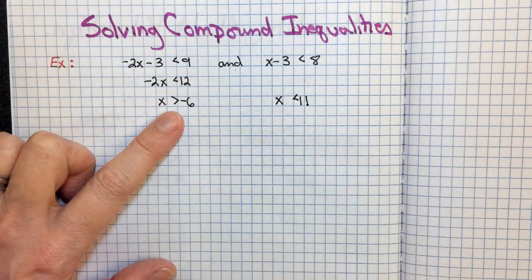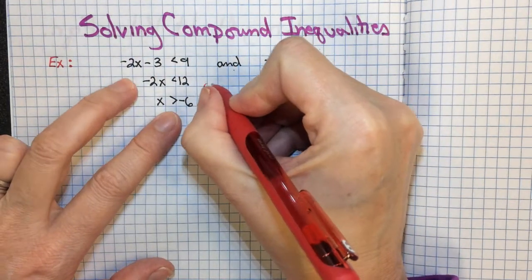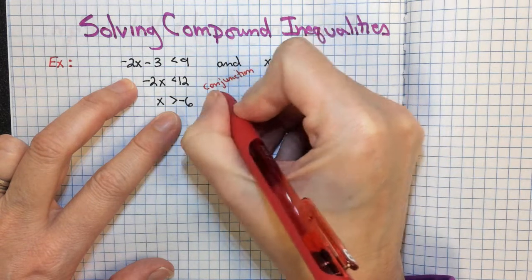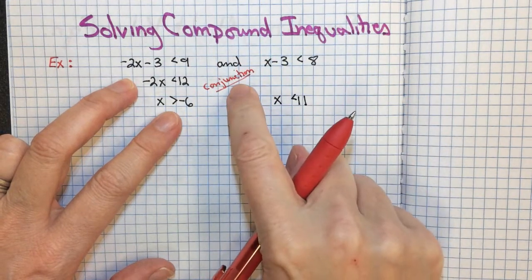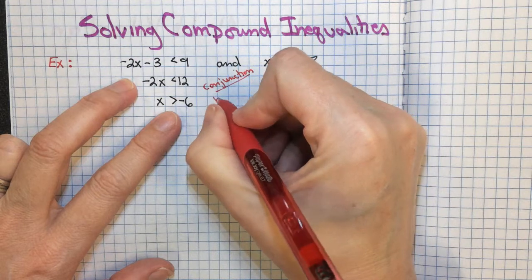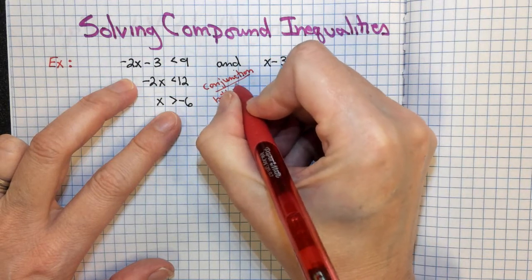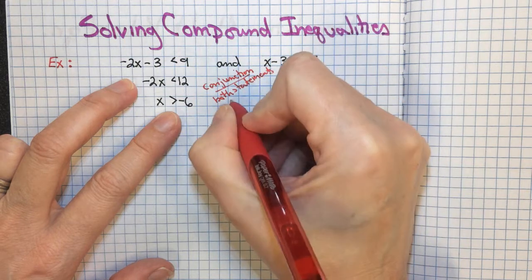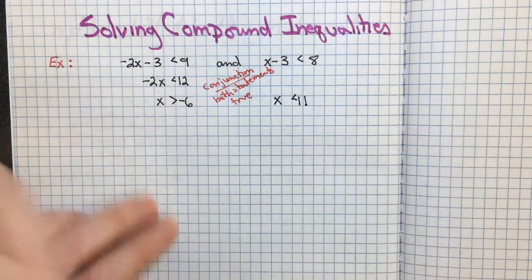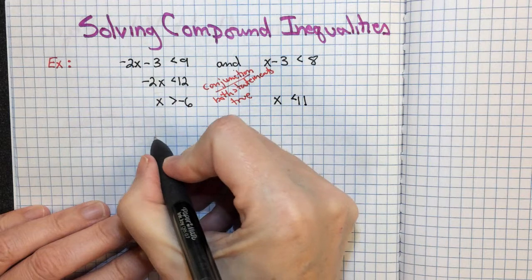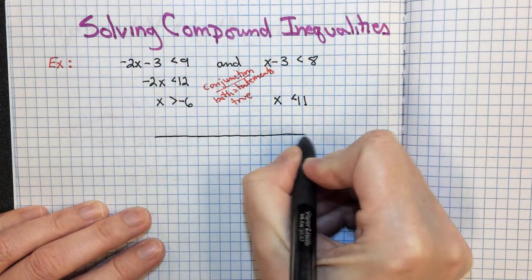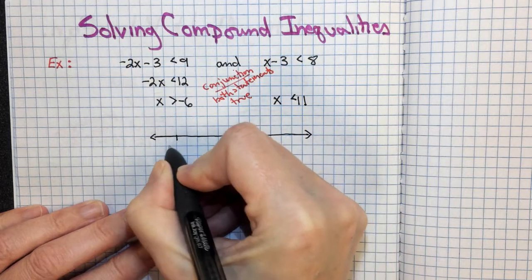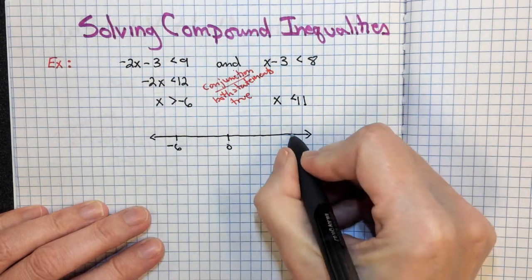Now, the word and means conjunction. So that means they're coming together, so both statements have to be true. All right, so I'm going to graph that example right here. I have 0, and somewhere down here I have a negative 6, and somewhere up here I have 11.